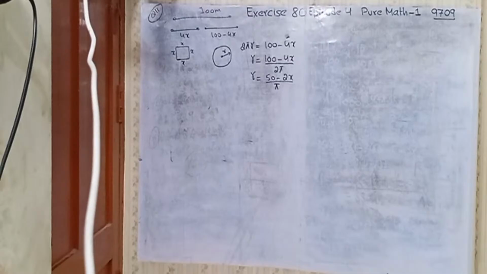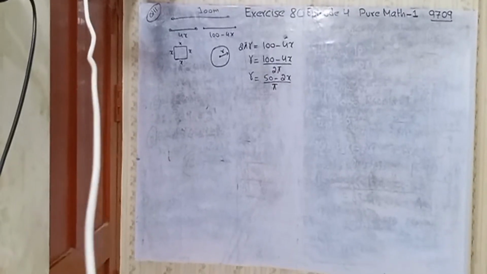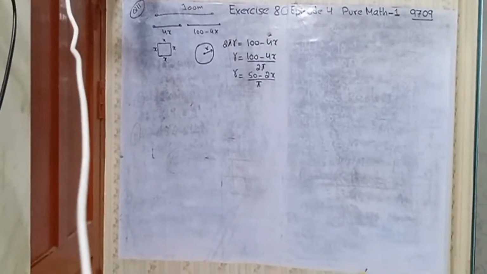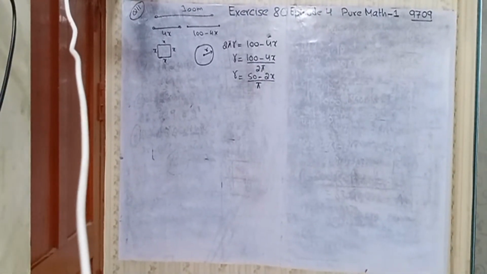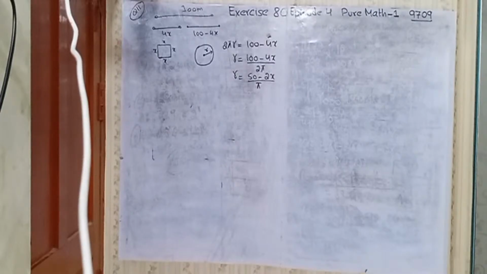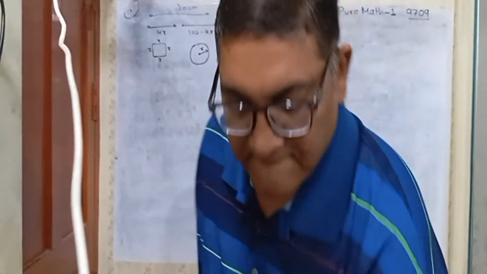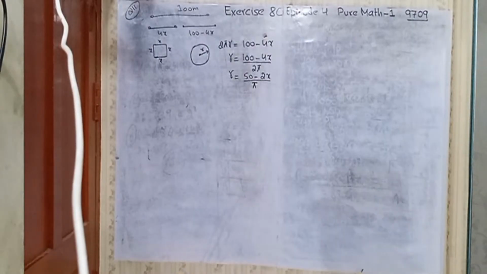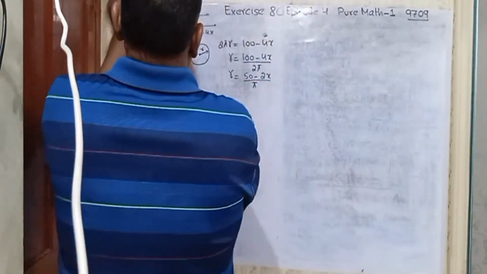And then in the next part he says to show that the area of both the shapes together is this, which he has given us. Okay, so the total area of these two shapes will be area 1 plus area 2.